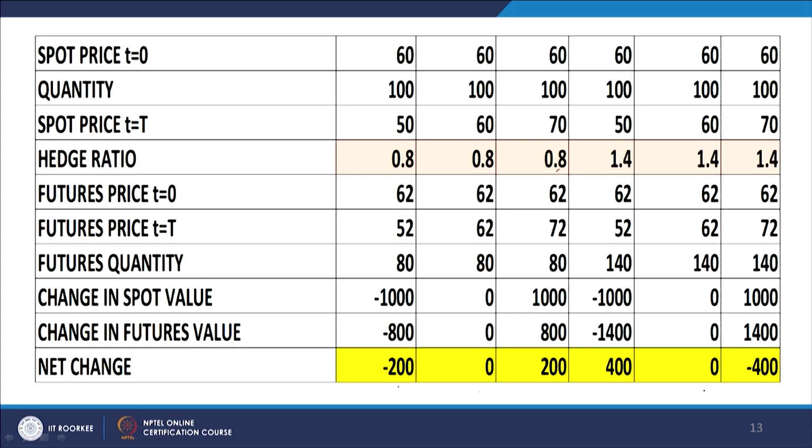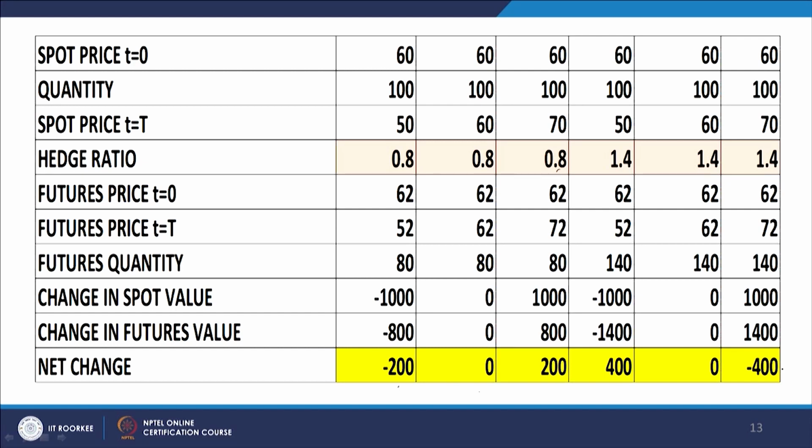So, that is how the hedge ratio impacts the outcome of the hedge. It is very important that we use the correct hedge ratio. If you do not use the correct hedge ratio, what it means is that we are either overusing or underusing the quantity in the futures market, and because the futures payoff profile is linear, that is going to influence us both ways, when the spot price is increasing as well as when it is decreasing.